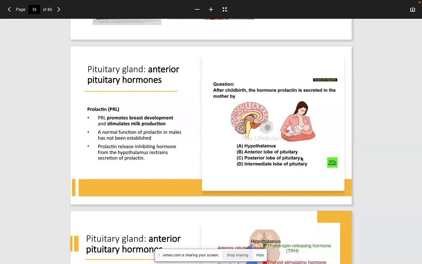Oxytocin and ADH. ADH is going to be responsible for controlling the amount of water that goes into the renal tubule or your kidneys, which is responsible for peeing. So whenever we have production of ADH, we try to conserve water and we try to conserve body volume.